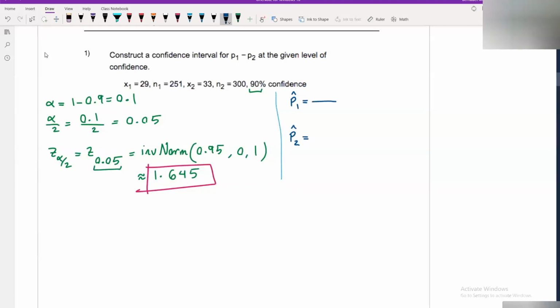So this is x1 divided by n1, and this is x2 divided by n2. I'm rounding these to 3 decimal places.